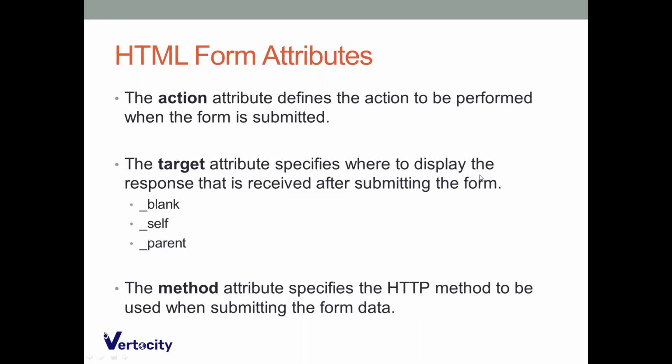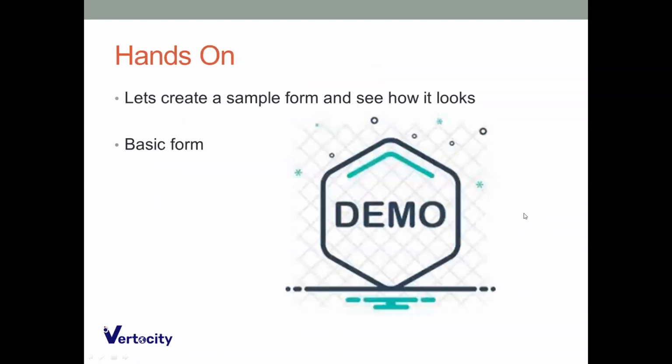Now the method attribute specifies the HTTP method to be used when submitting the form data. So let's understand more about this. We have just seen the hands-on for the same basic form.